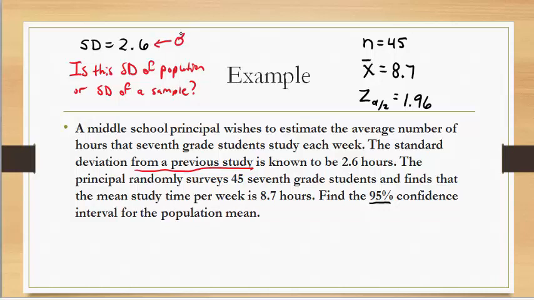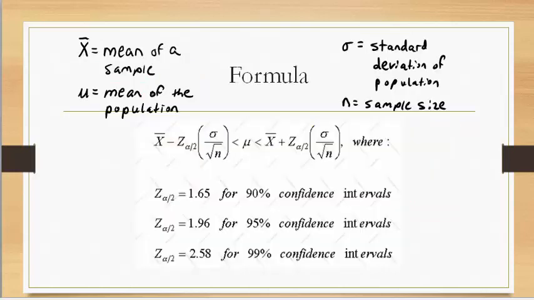If that standard deviation had been of these 45 students, we would say that was the standard deviation of the sample. Okay, so the 2.6 is the standard deviation of the population. And remember, that's what we have to have, standard deviation of the population, in order to use this formula.